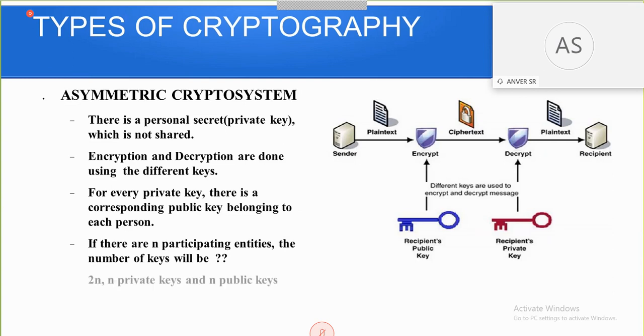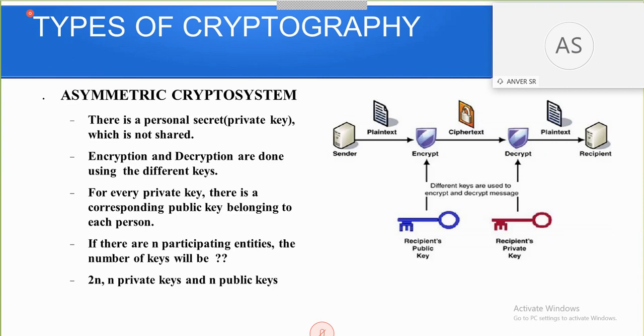In a symmetric crypto system, it was... Here the sender is having the plain text, and the sender is encrypting the plain text using one of the keys. That is, any of these two keys can be used for encryption. Then the corresponding other key should be used to decrypt this ciphertext. Okay.